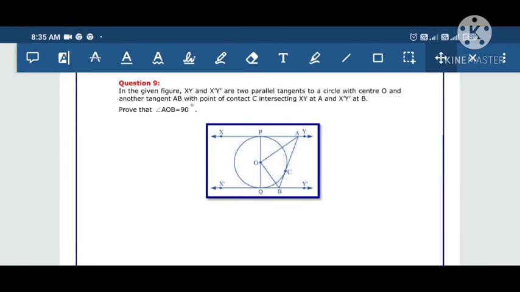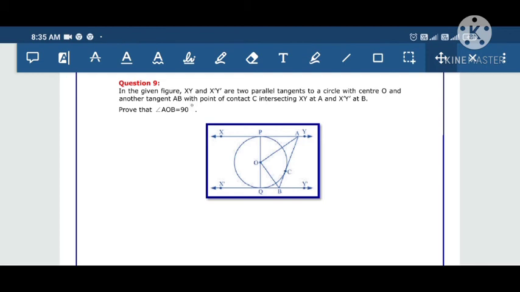Now we move to question number 9. In the given figure, XY and X dash Y dash are two parallel tangents. Already we proved that the tangents drawn at the ends of a diameter of a circle are parallel.